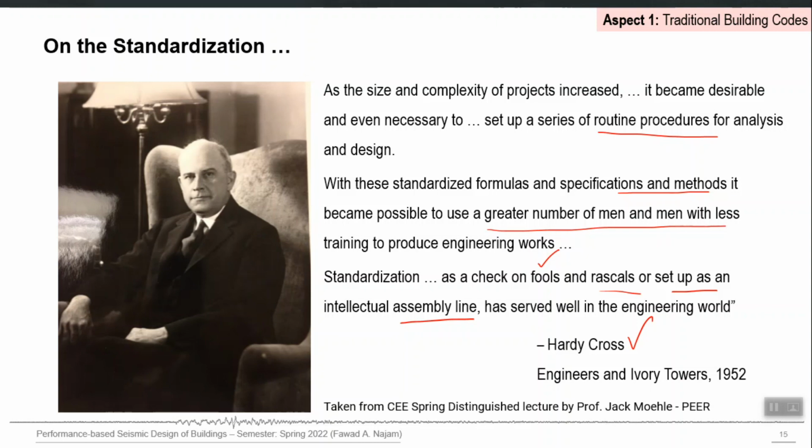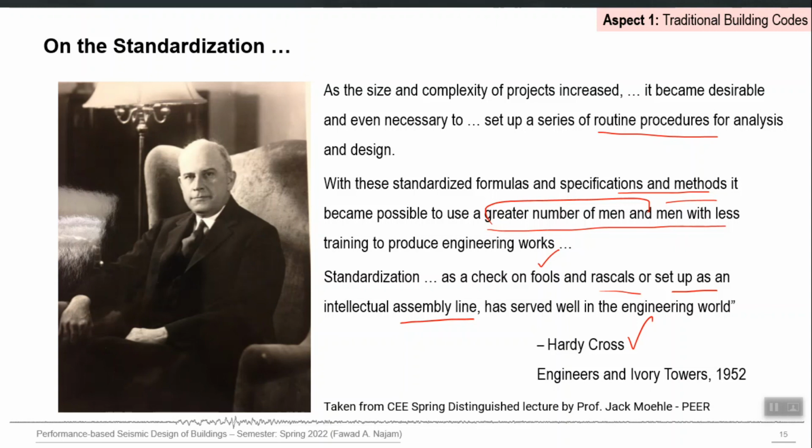He is saying this in that starting era of traditional building codes, and exactly you can see currently we have a greater number of men with less training producing safer designs, right. This is exactly what he had in mind at the start of the development of all those traditional building codes, right.